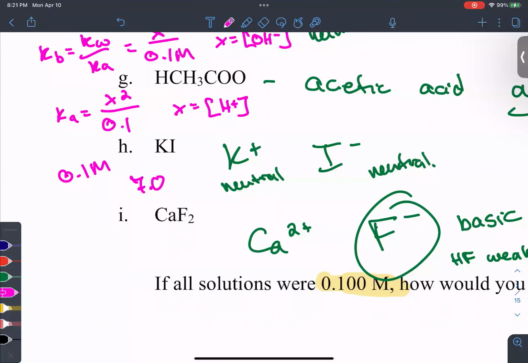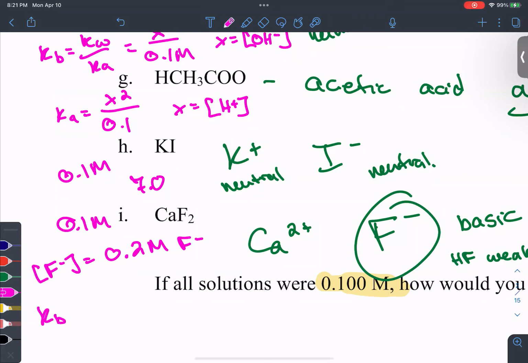If we have calcium fluoride, we already said that this is a base because fluoride is basic. So if we have 0.1 molarity of calcium fluoride, we actually have 0.2 molarity of F minus. So F minus is a base, so we use the Kb expression.